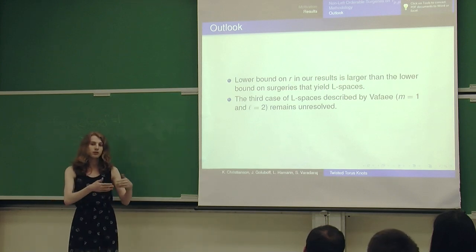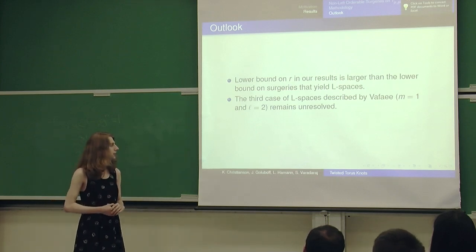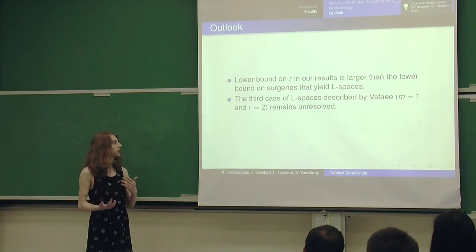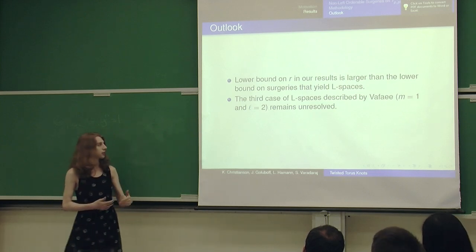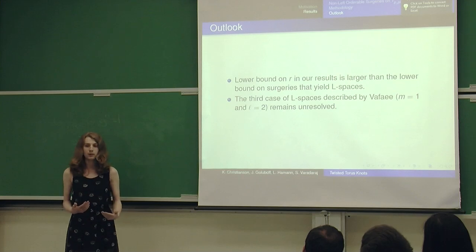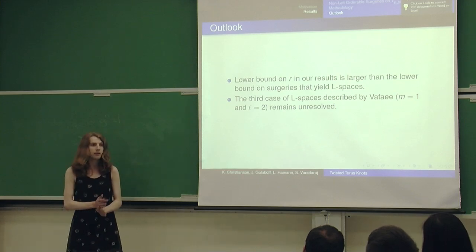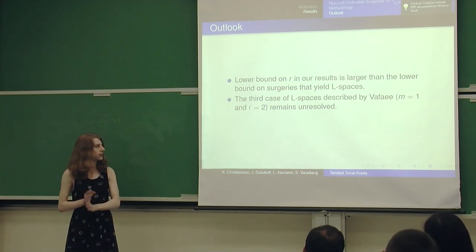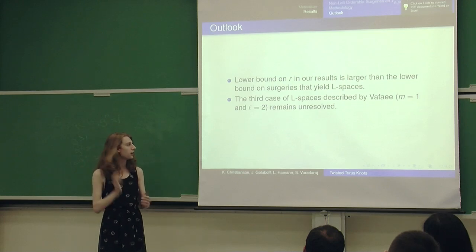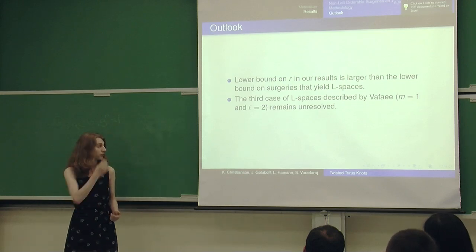For anything less than that, you will not get an L-space. So it's worth comparing whether, if we really want to verify this conjecture for all the cases we can, we would like those bounds to line up so that every surgery which is an L-space would also have a fundamental group that's not left-orderable.